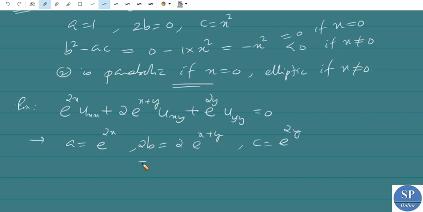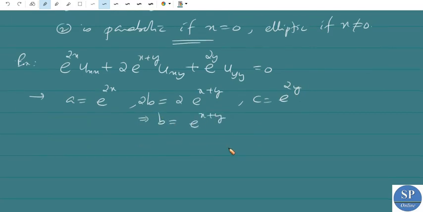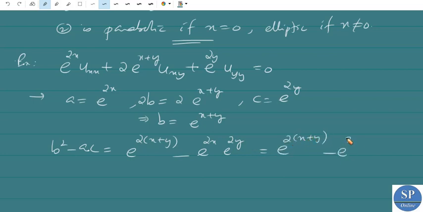So b is equal to e power x plus y. Now b square minus ac is e power 2 into x plus y minus e power 2x into e power 2y, which is e power 2 into x plus y minus e power 2 into x plus y. So this is equal to 0, therefore parabolic.